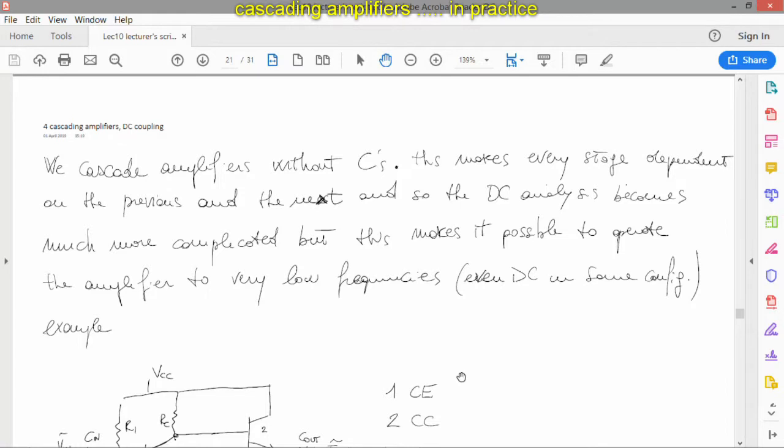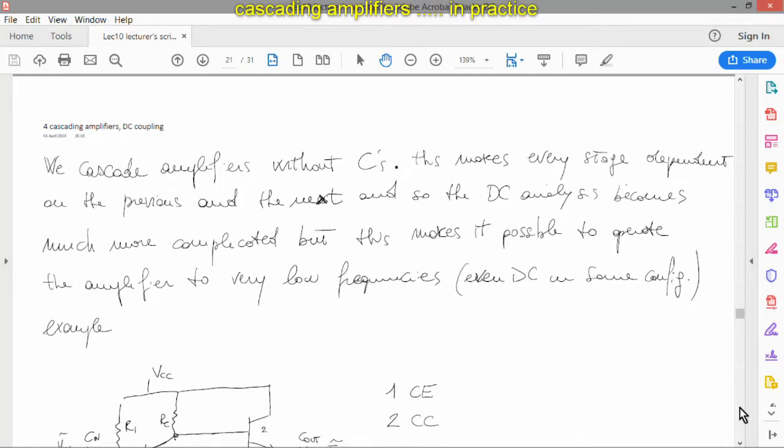And capacitors have an effect on the overall bandwidth of this total amplifier. So really, you don't want to use capacitors. If you are an analog designer, creating a nice amplifier, you really want to avoid using capacitors. So that's why DC coupling is important, trying to remove as many capacitors as possible from the circuit.